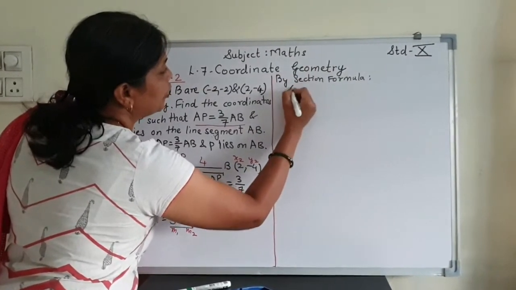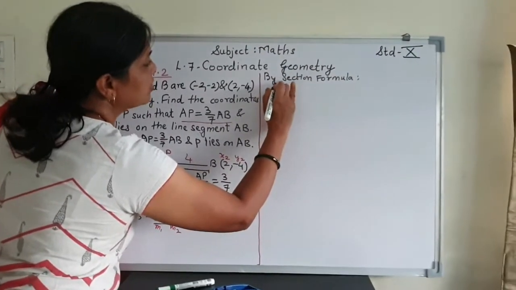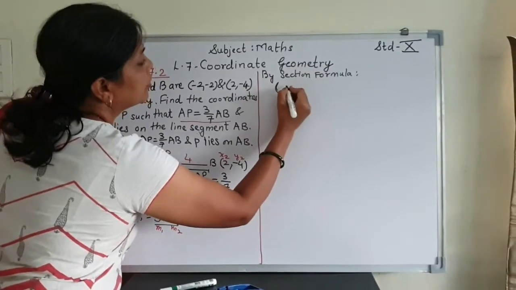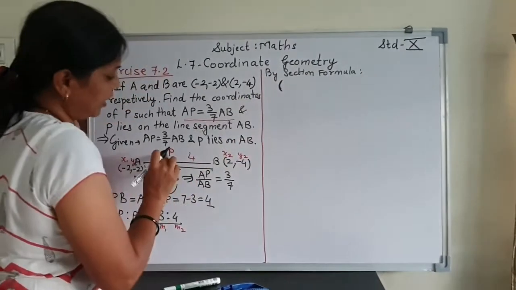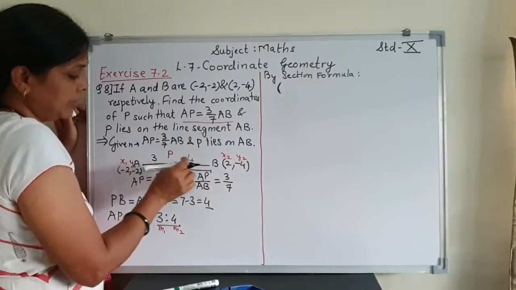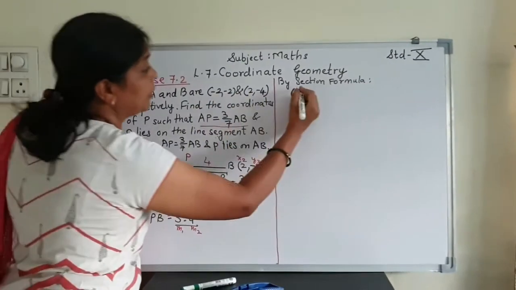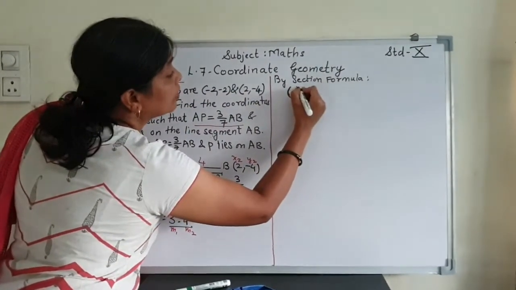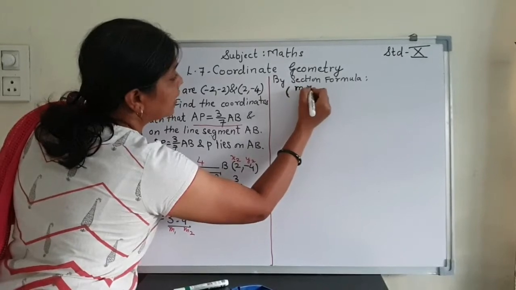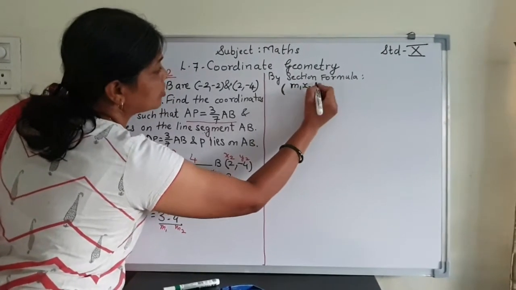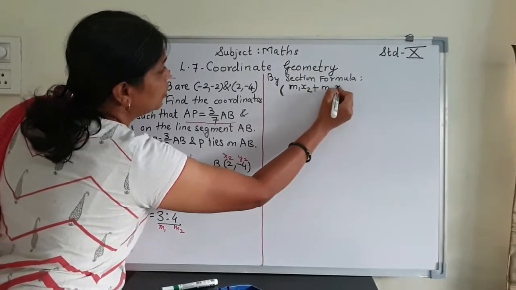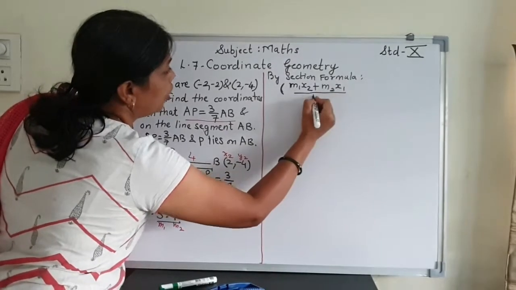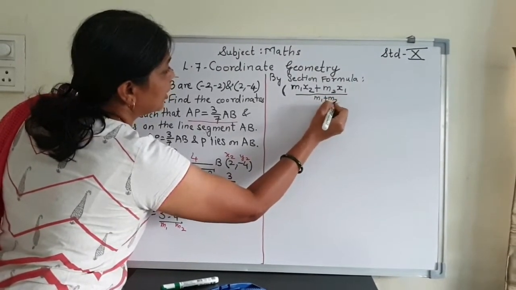What is that section formula? The coordinates of the point which is dividing that line segment is (M1 x2 plus M2 x1) upon (M1 plus M2).